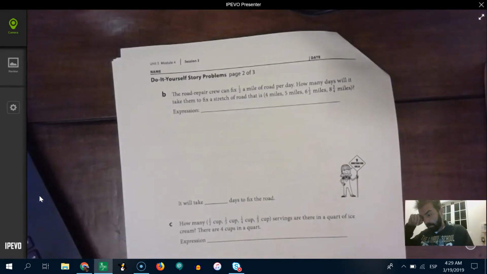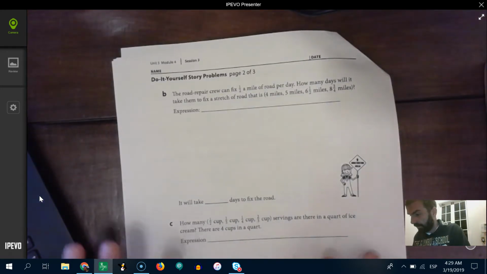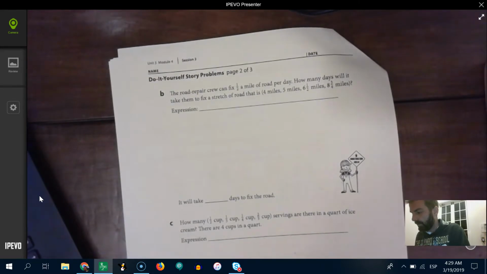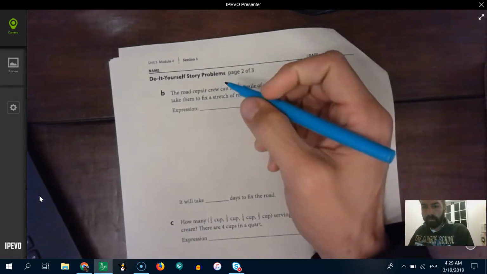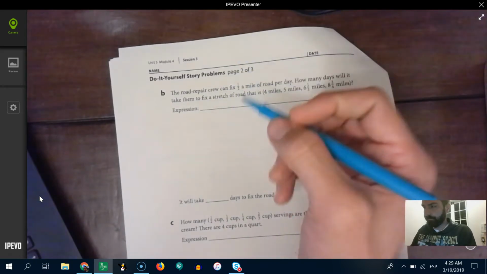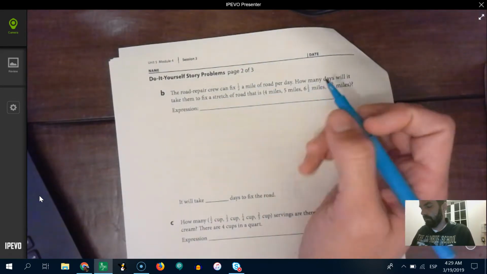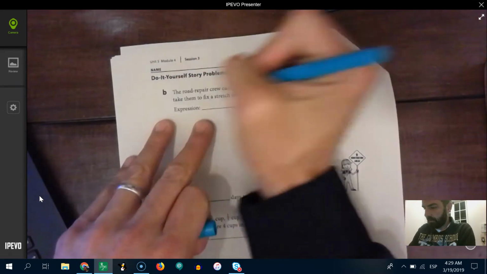Alright. A road repair crew fixed half of a mile of road per day. How many days will it take them to fix a stretch of road that is... Okay, so this is a grouping one. The first one was sharing.